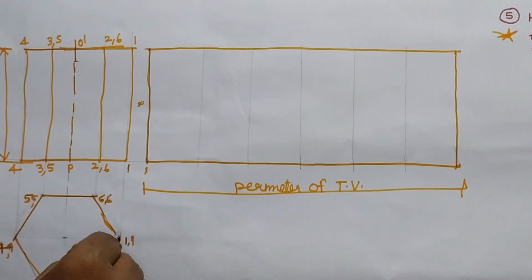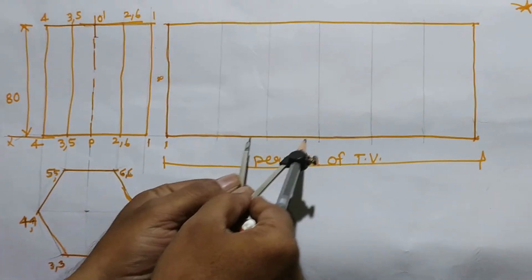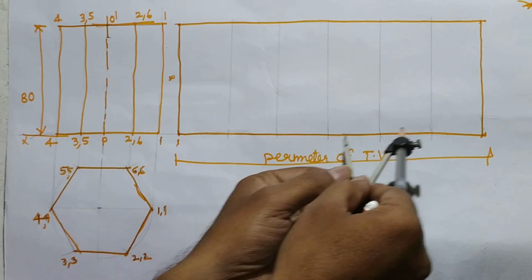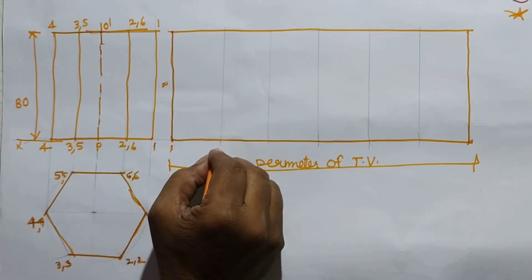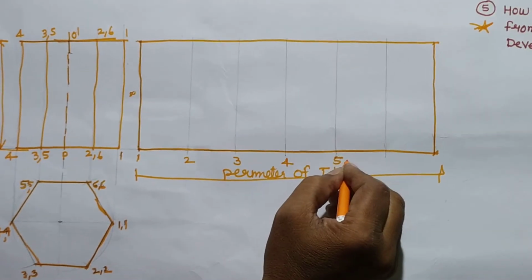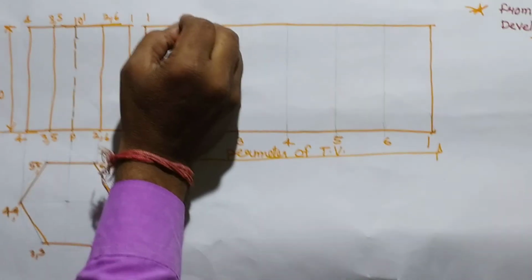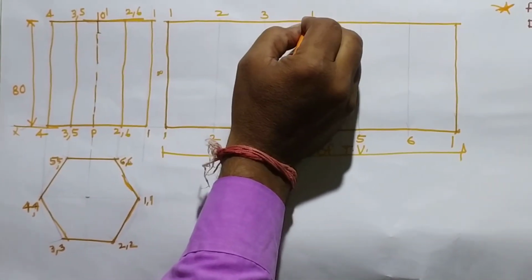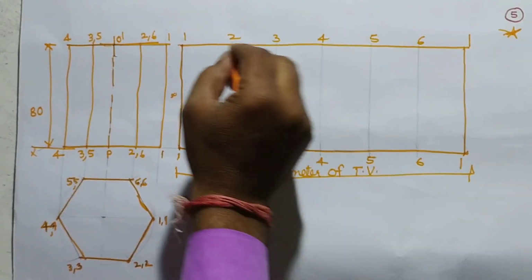I have marked points 1 to 2, 2 to 3, 3 to 4, 4 to 5, 5 to 6 and 6 to 1. Here I will name 1, 2, 3, 4, 5, 6 and 1. Here 1, 2, 3, 4, 5, 6, 1.